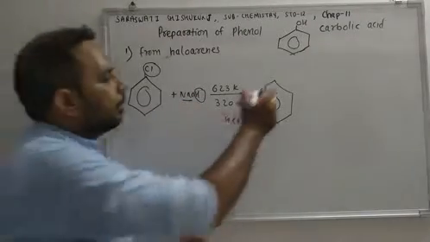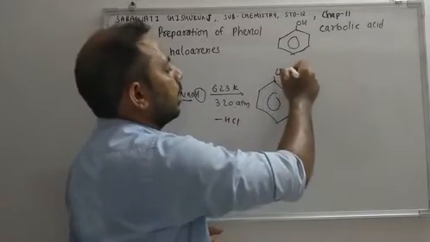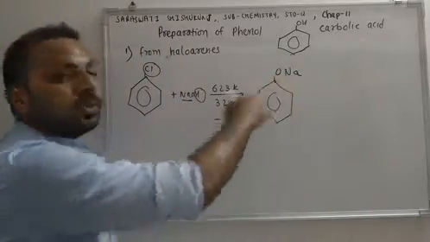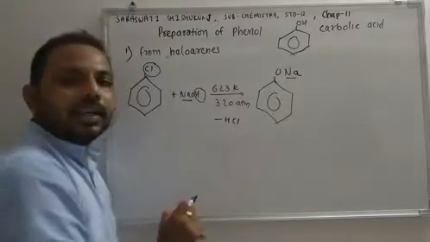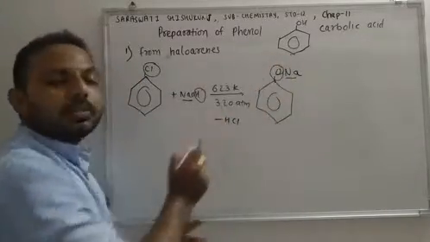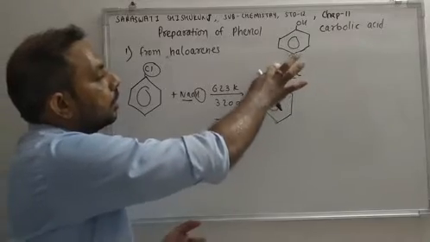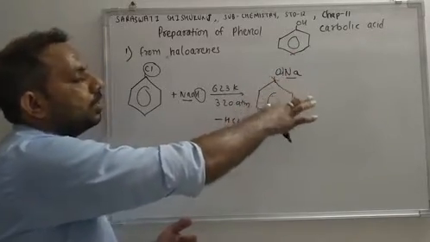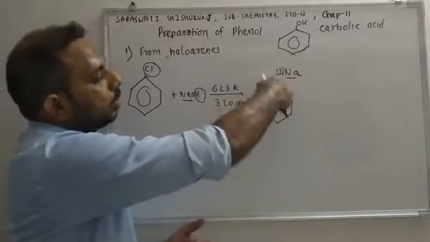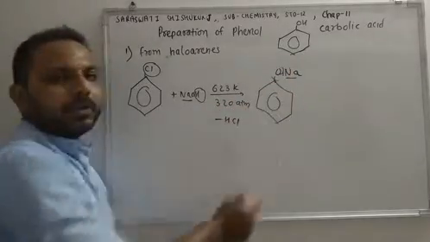ONa is left, so ONa will come here. This is known as sodium phenoxide. Na is sodium and this is ether, an O group is there. So this phenyl ring plus ether part is known as phenoxide. So this is sodium phenoxide.